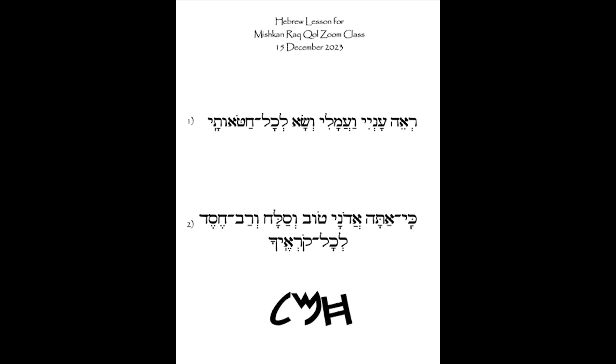All right, we have the letter chet. Then we have segol, a quick E sound. So we have che. Then we have the samek, quick E, and the dalet makes a D sound. Ed. All right, so chesed. So we have verav chesed. So far, ki ata Adonai tov vesalach verav chesed.